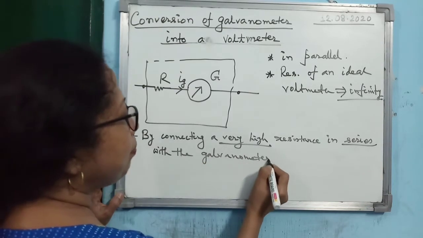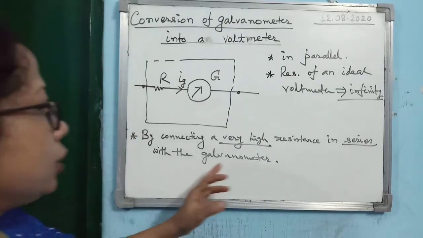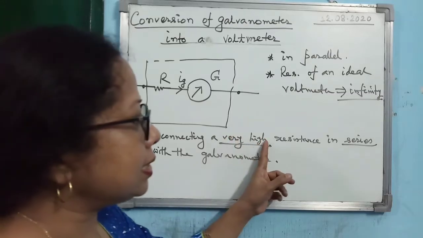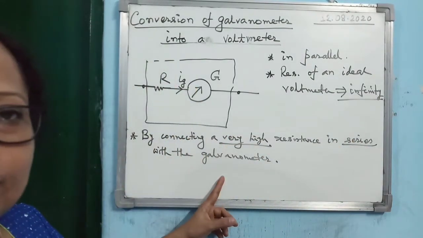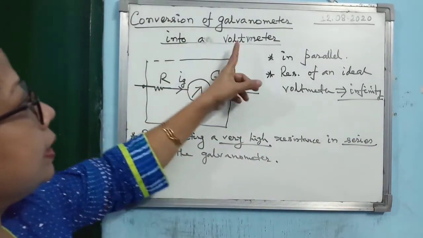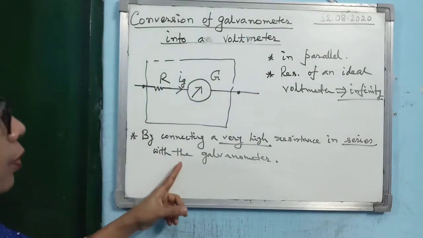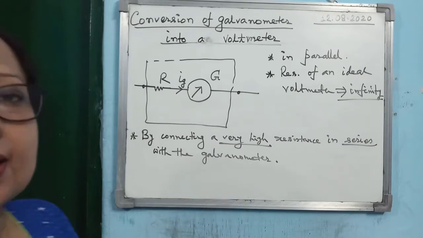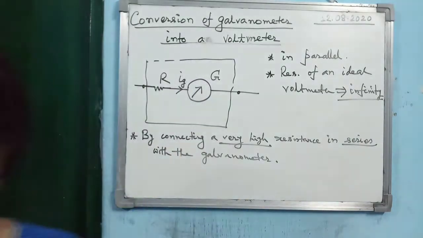Again I am repeating: when you convert it into an ammeter, you connect a smaller resistance in parallel to the galvanometer. But when you want to convert it into a voltmeter, you connect a very high resistance in series with the galvanometer.